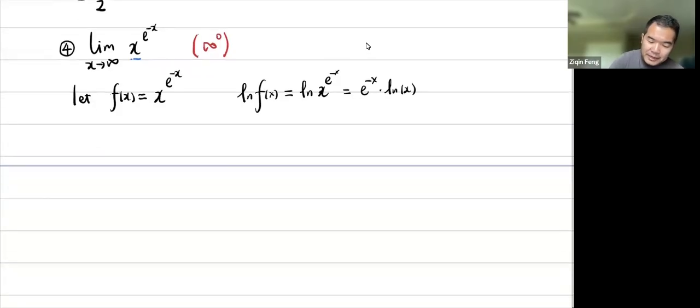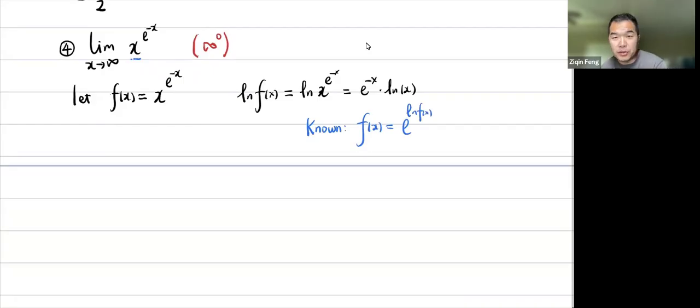Recall our memory about natural log. We know that f of x equals e to natural log f of x. And we also know the exponential function is continuous. So the limit of f of x is same as the limit of e to natural log of f of x, right? If you know the limit of this function, then the limit of f of x is just e to whatever that limit is.